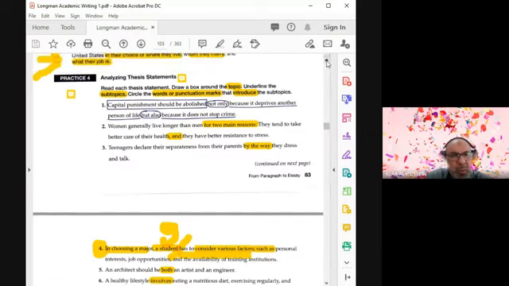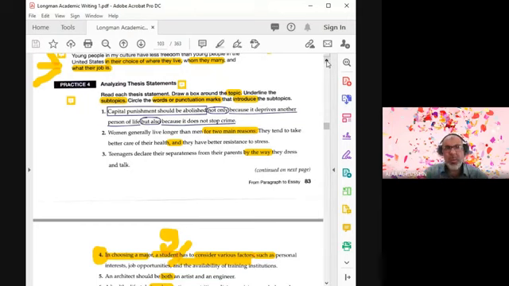Okay. Look at examples on practice 4 on page 83. Point number 1, number 2, number 3, any one of these points that have very clear and well-structured thesis sentences.